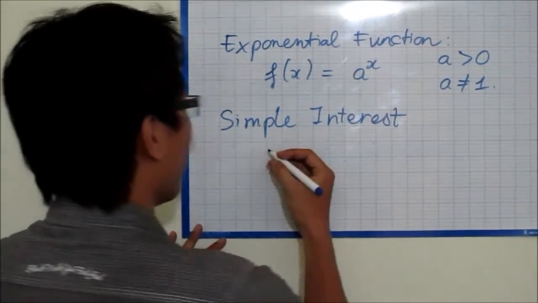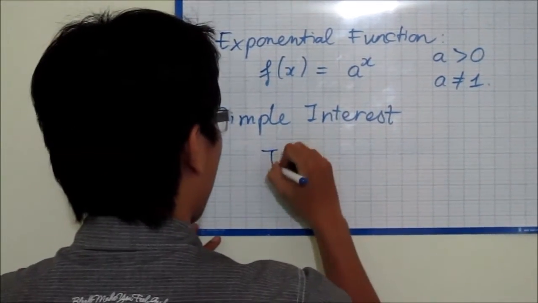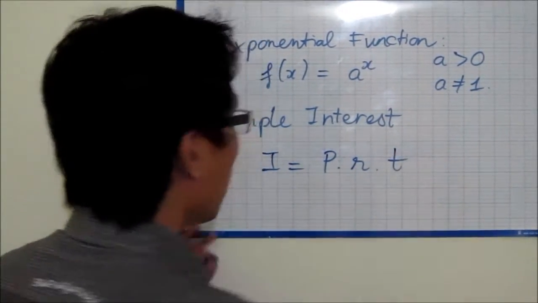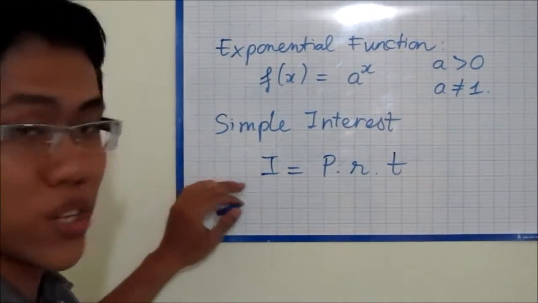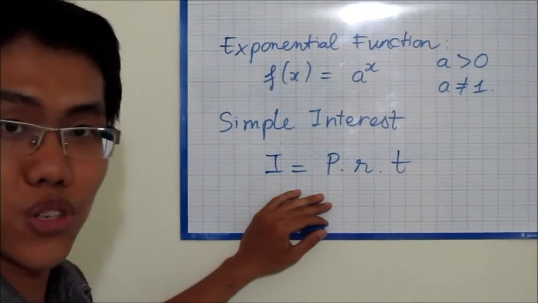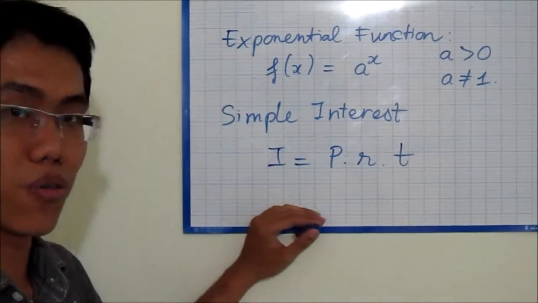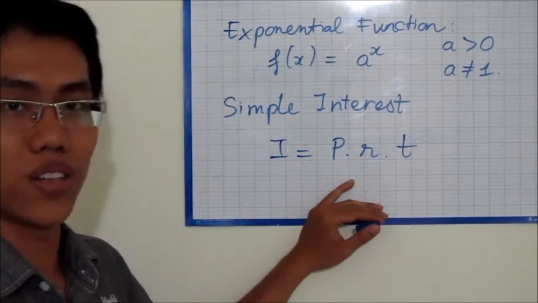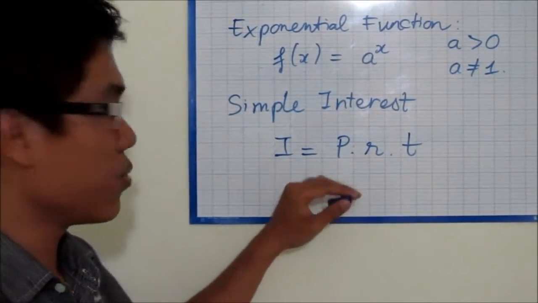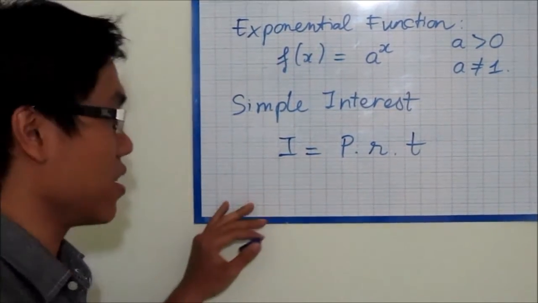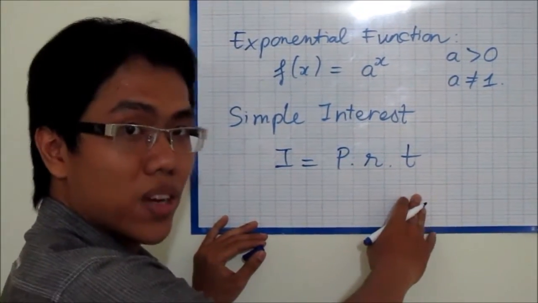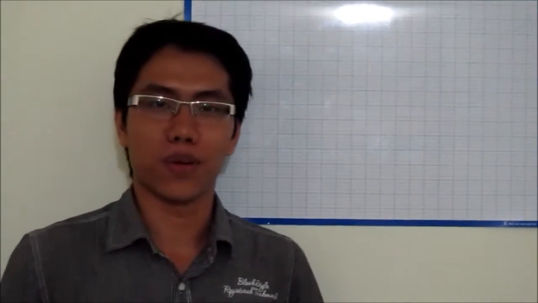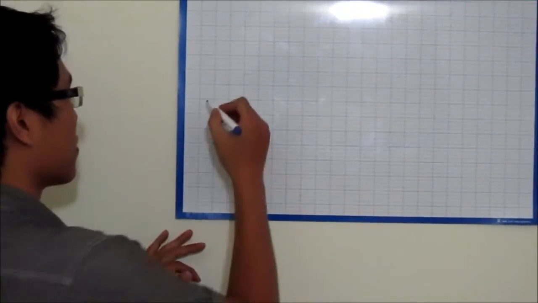The formula is I equal to P multiplied by R multiplied by T, where I is the simple interest, P is the principal, the amount that you borrow from the bank or invest in the bank, R is the rate of interest, in percent per year, and T is the time measured in years. Let me give you an example on simple interest.